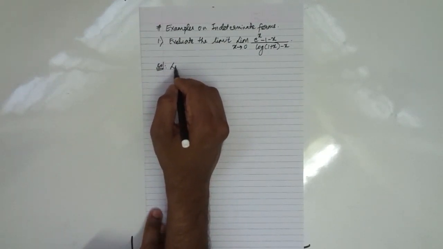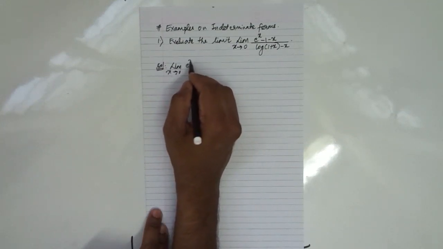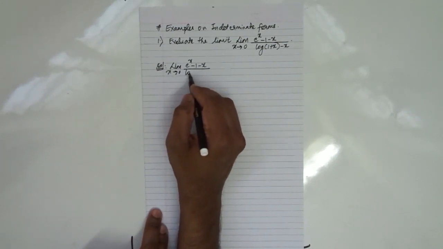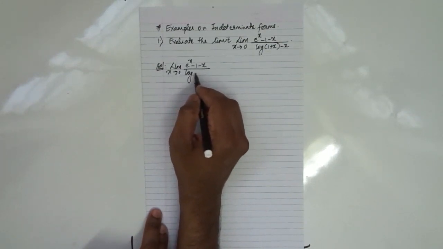Given that limit x tends to 0 e raised to x minus 1 minus x upon log 1 plus x minus x.